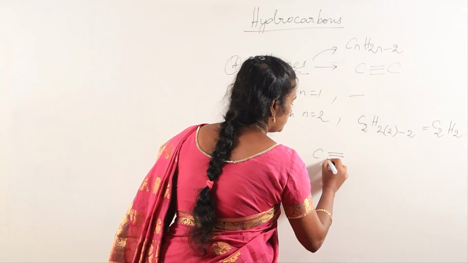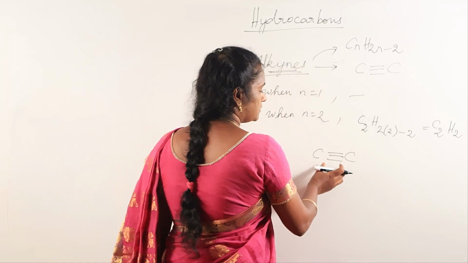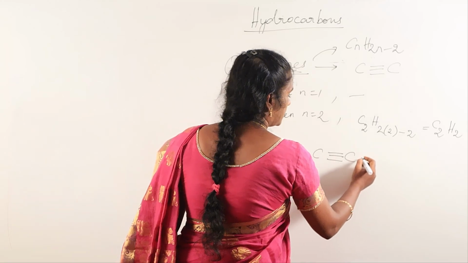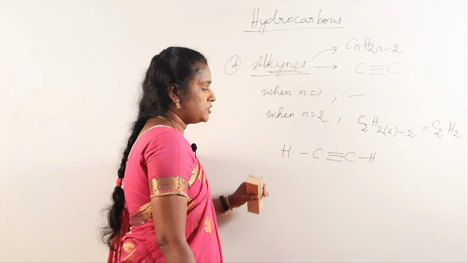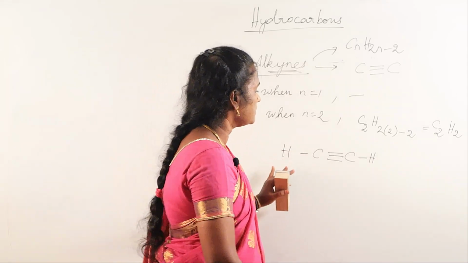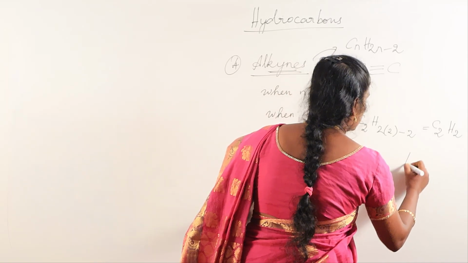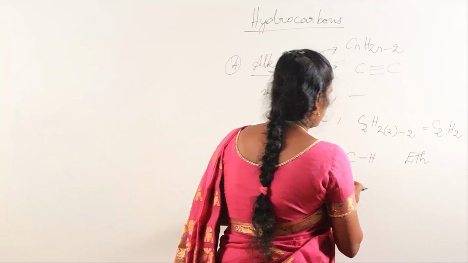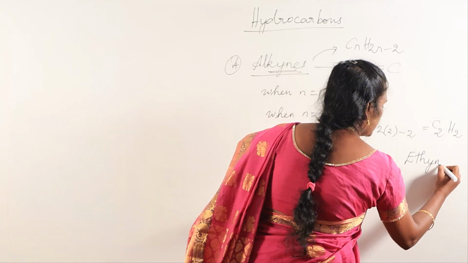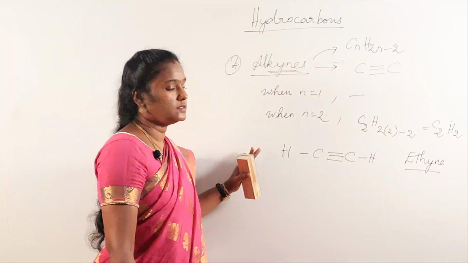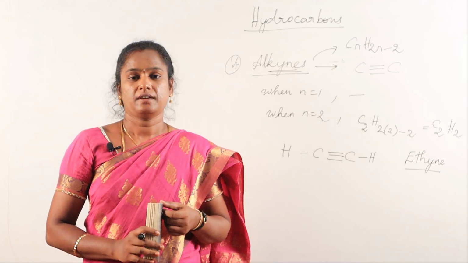So C triple bond C, and this carbon is connected with 3 bonds to another carbon, and only one hydrogen is attached to each carbon. So this is the structure for alkynes. This name is ethyne. So 2 carbons means we get the parent name eth, and triple bond means yne, ethyne. So this is alkynes. I hope I have given enough information regarding this topic. Thank you.